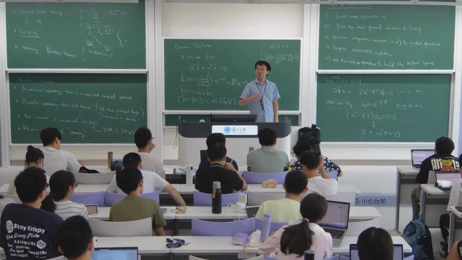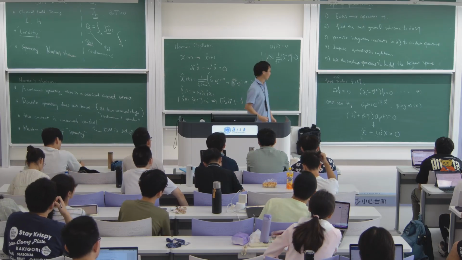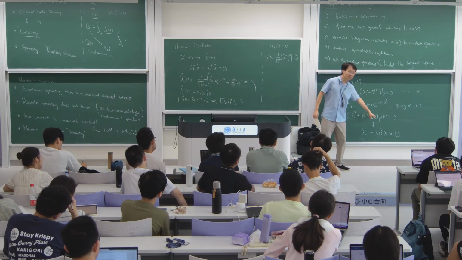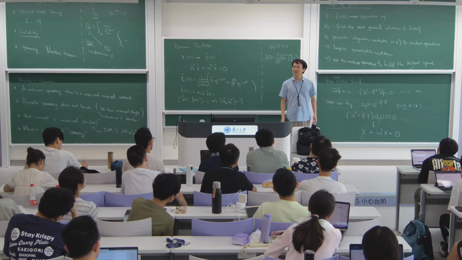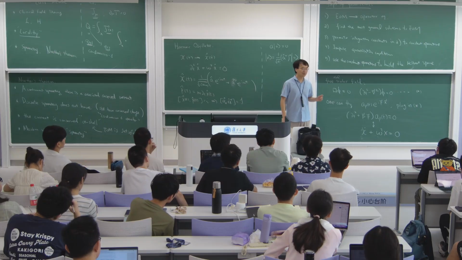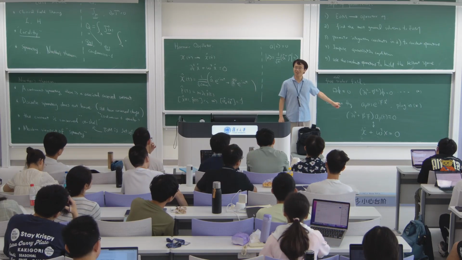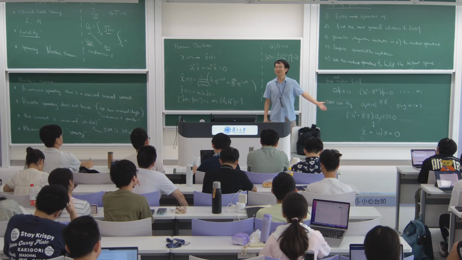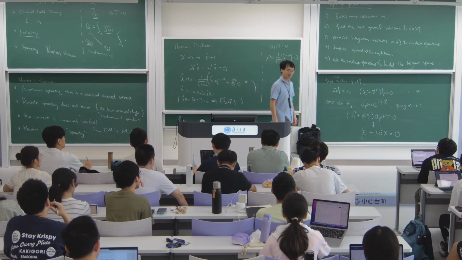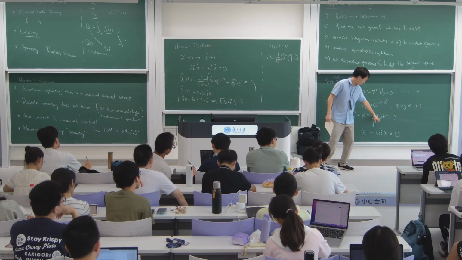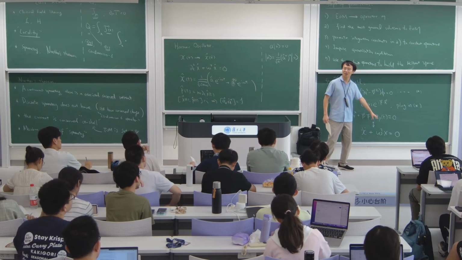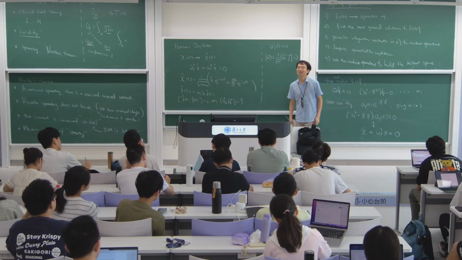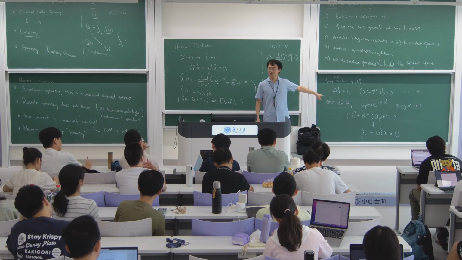This already suggests at this moment you should view p as an index. Different p just label different harmonic oscillators, because of this fact. I can change my p, and for each p you get a harmonic oscillator, an analog to this x.